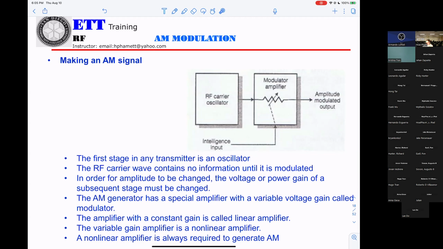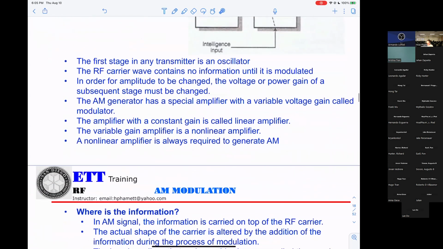With a non-linear amplifier, you don't have to change anything. Automatically, they change the gain for you. A non-linear amplifier is always required to generate AM. That means inside here, you get a non-linear amplifier, so they automatically change the amplitude of your voice, your signal.